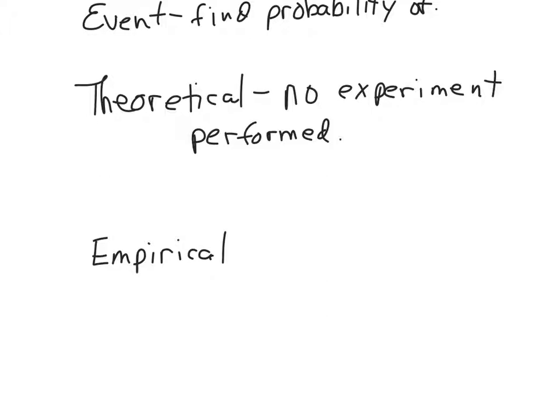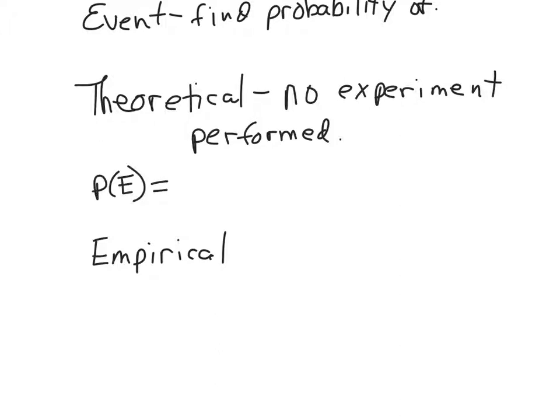Okay, so there'd be 1 out of 6, right? So did you have to actually go roll the die 50 times and see how many times a 3 came up to figure that probability? No. You knew by the nature of the problem what the probability was. That's theoretical probability. Okay? So the definition actually goes like this for theoretical probability.